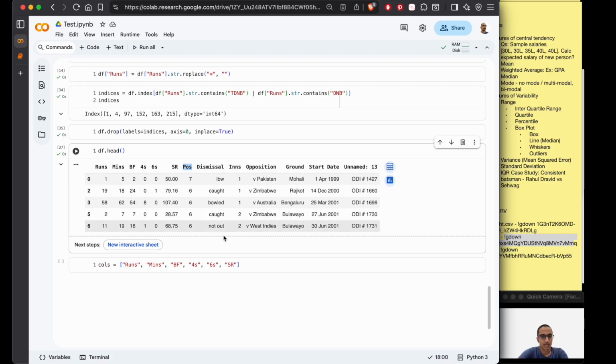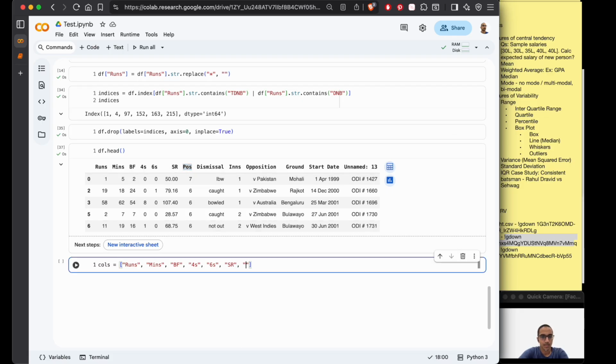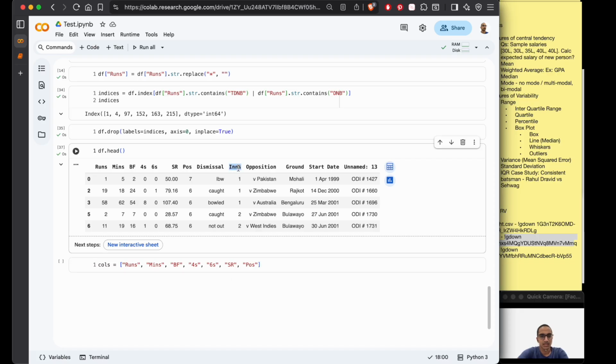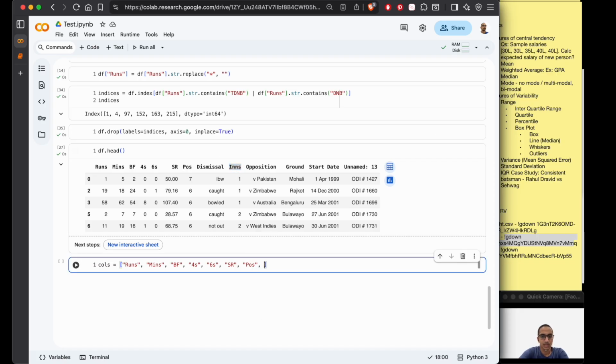SR, we will take the positions as well, and we'll take the inns as well. So these are the numeric columns that we want to convert.